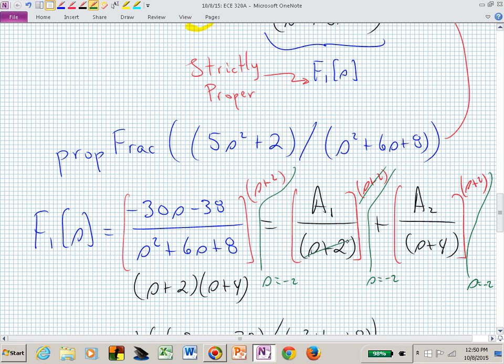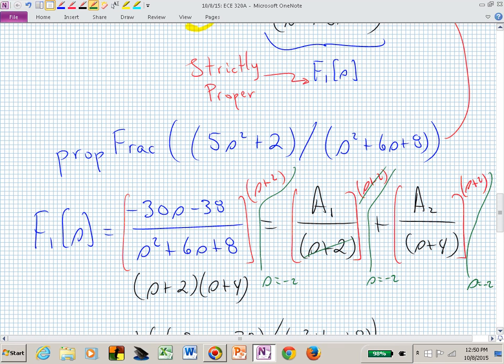This cancels that, and it isolates a sub 1. The far right-hand term, now s plus 4, that's well behaved in the denominator. That's just 2. But the numerator is 0 now because it's s plus 2 evaluated at minus 2. So the a sub 2 term goes away. That's how we're isolating a sub 1.